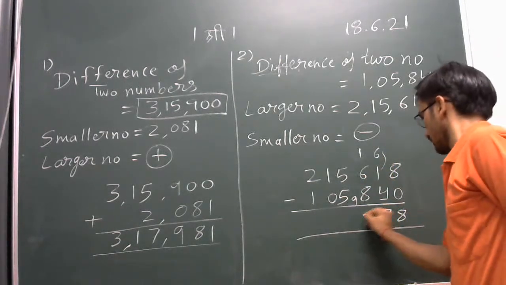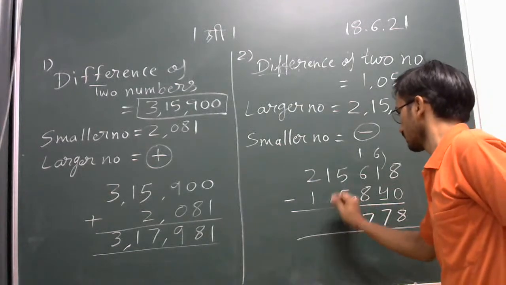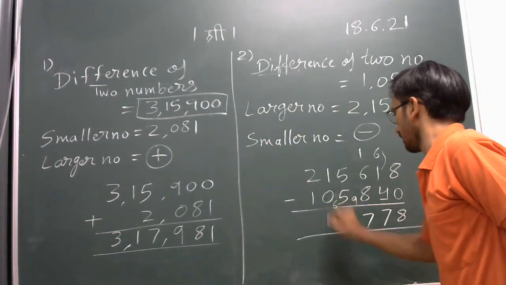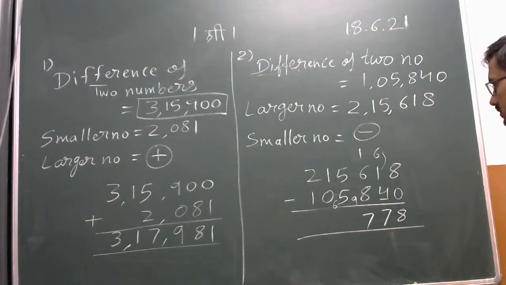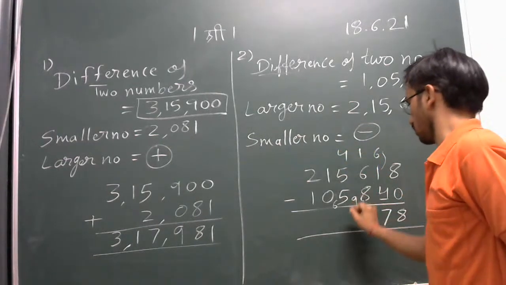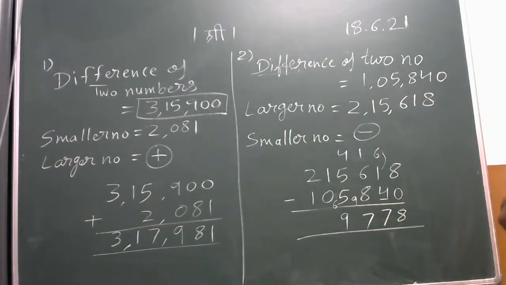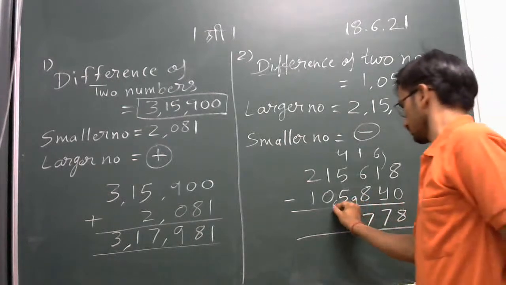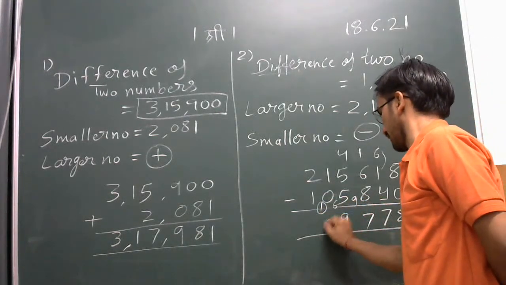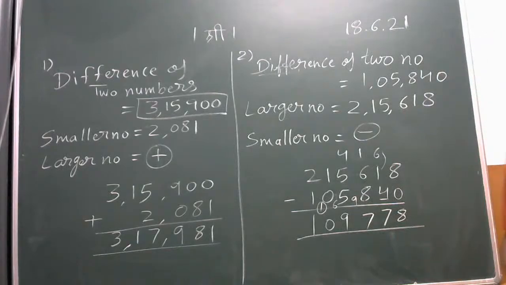So again 6 plus 1 is 7. 5 becomes 6. 6 complement is 4, it will become 9. This 0 become 1 minus 2, 0. I think it's 109,778.